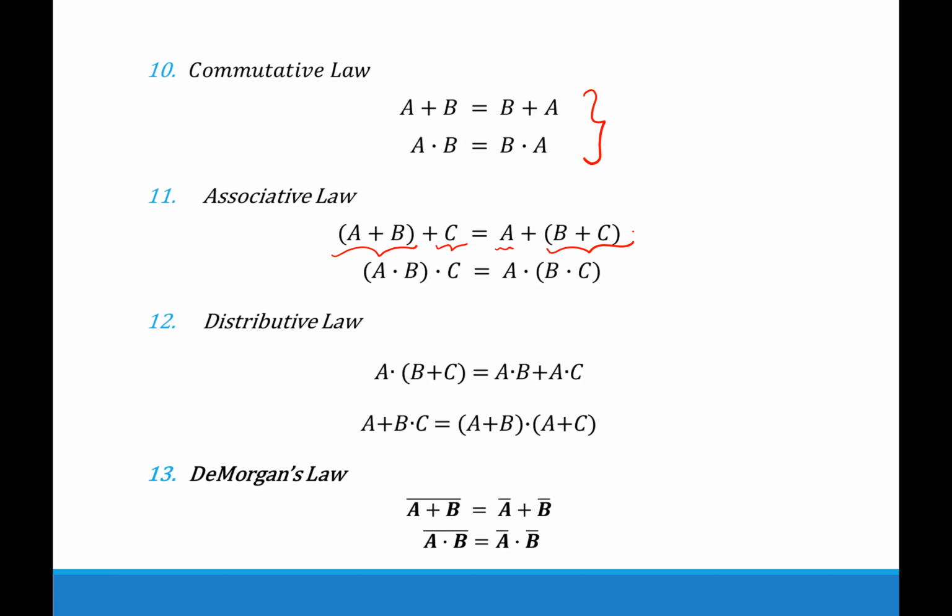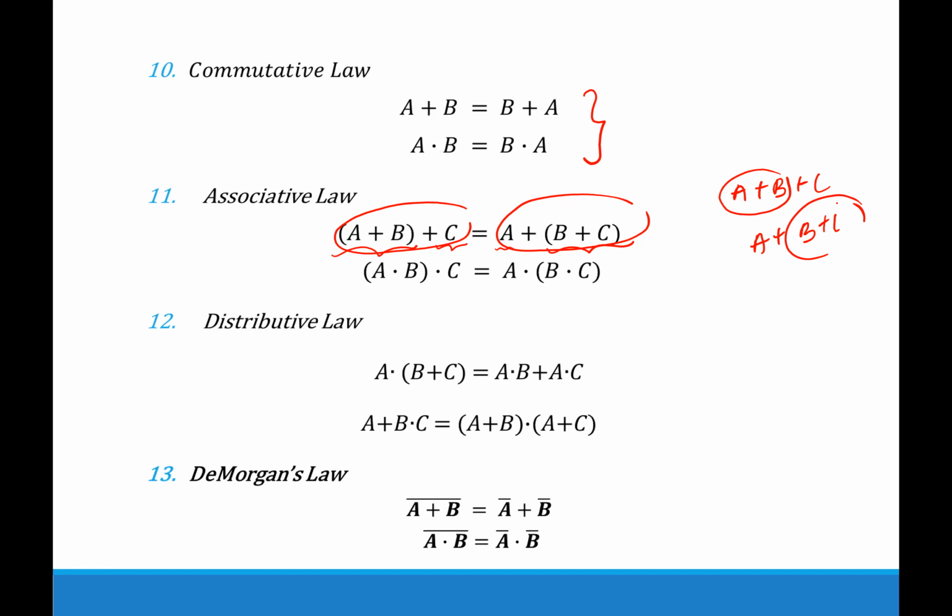To get the summation of A, B and C, you can apply this way or you can apply this way. Whatever the method, you will get the same answer, okay? That implies first you can get A plus B, or first you can get B plus C, and you will get the same answer.